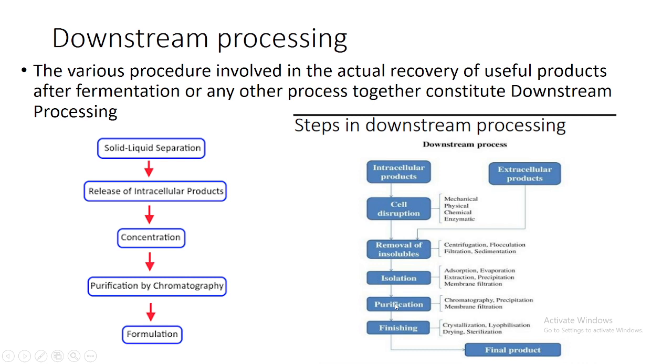So, in purification, now you have a concentrated product, but you might have some impurities which are very, very similar to your product. That should also be removed so that you get a highly pure product. And for this, the mostly used method is chromatography.